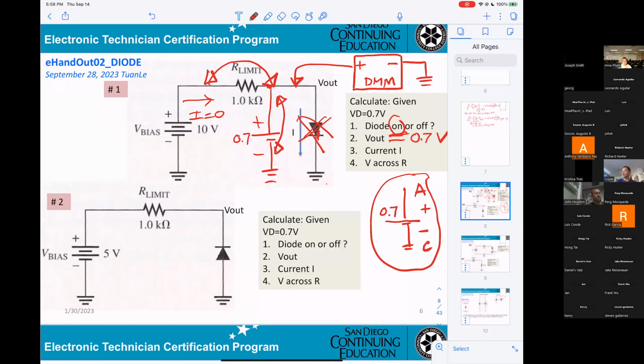When you measure across the battery, you must get battery voltage, no matter what. You get that? Or who else does not agree with me?